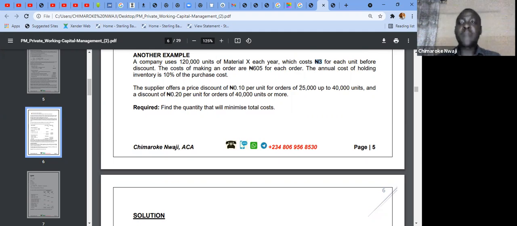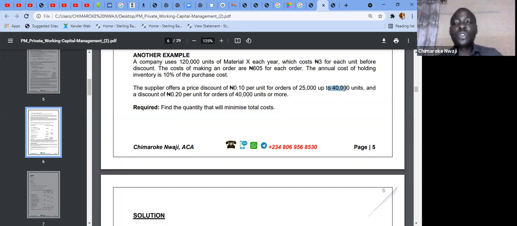But if you decide to buy 25,000 units, you will buy it at 10 kobo cheaper. That means 3 minus 0.1, so you buy it at 2 naira 90 kobo. If you decide to buy 40,000 units, you are going to buy it at 2 naira 80 kobo.